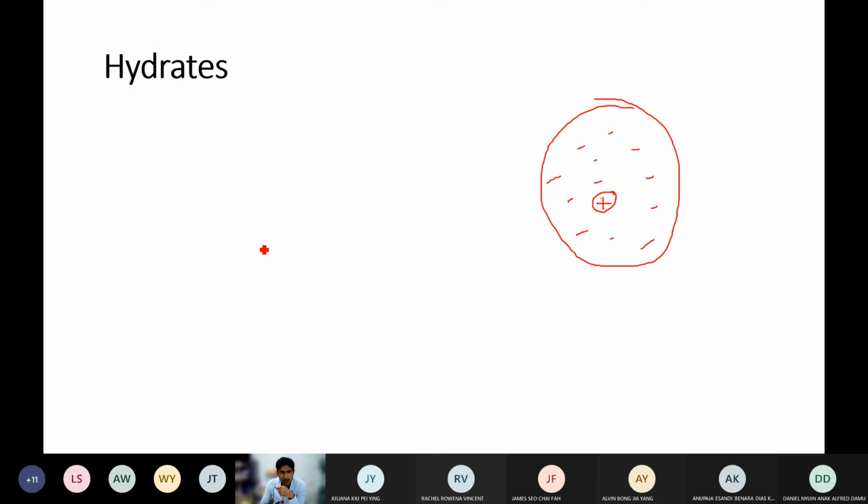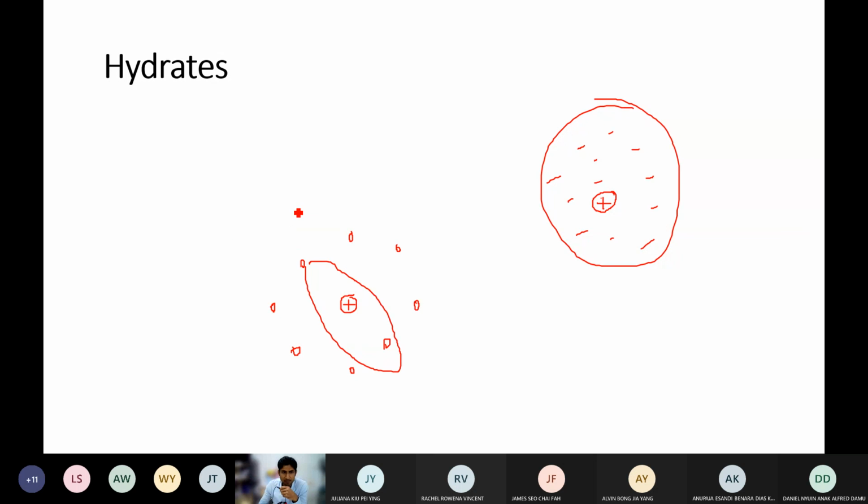Almost correct: we have a nucleus at the center, but the electrons are rotating around it, just like the planets are orbiting around the sun. That is how they move.